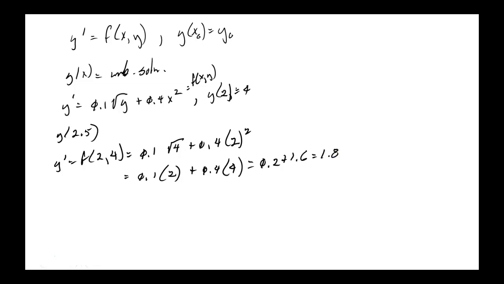There's your first derivative, where the function's going at the point 2, 4. It's going to have a slope of 1.8. It's going up 1.8 units for every 1 unit it goes across, or 18 up for every 10 across, or 9 up for every 5 across.